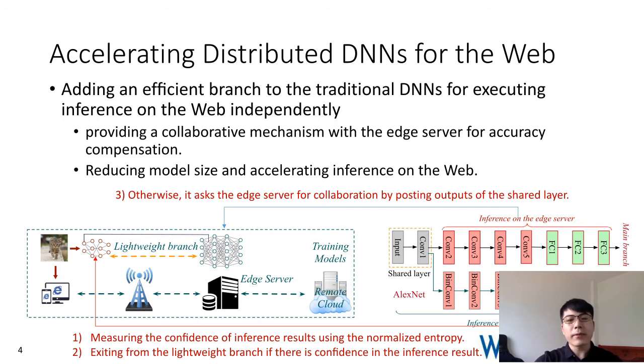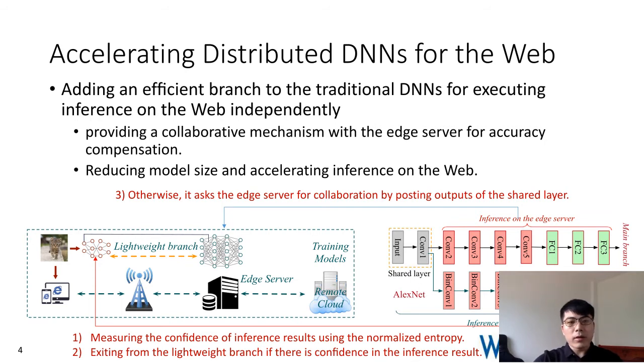Then we compare the normalized entropy against a threshold to determine whether or not to exit from the tiny branch. We pick the appropriate exit threshold as a hyperparameter during the training phase. In summary, adding a lightweight branch can reduce the model size and accelerate inference on the web, and provides a collaborative mechanism with the edge server for accuracy compensation.